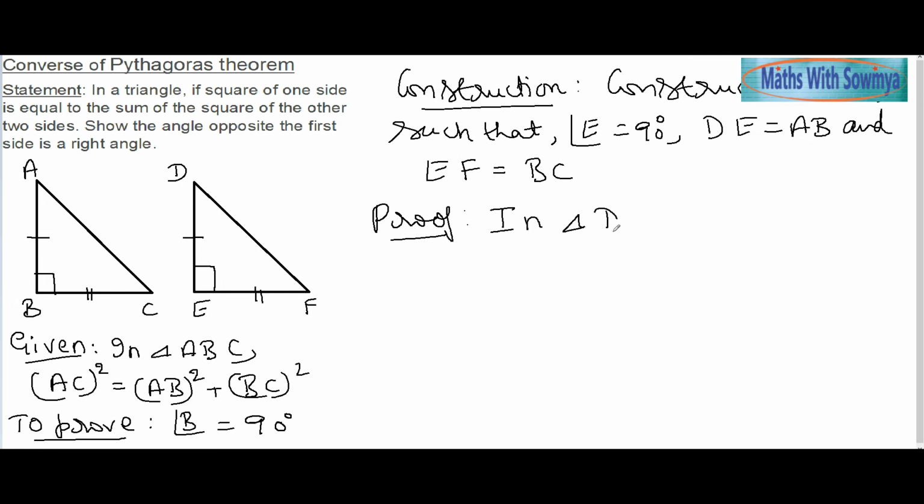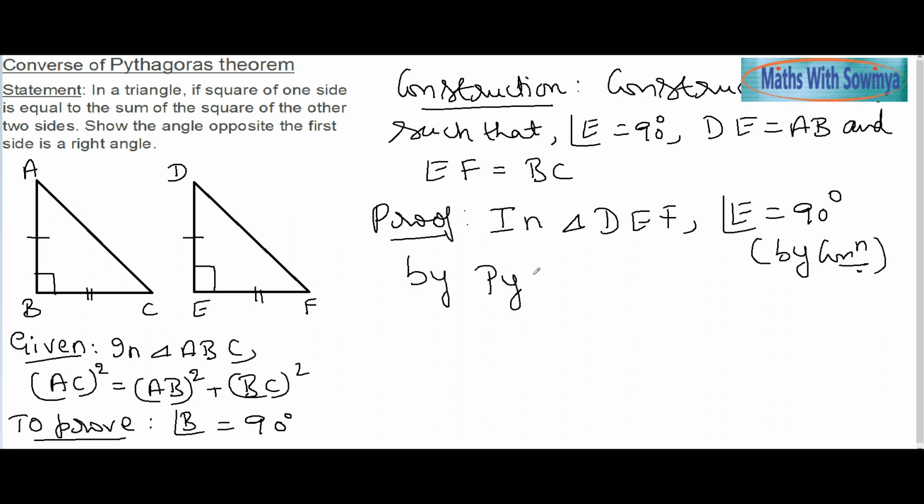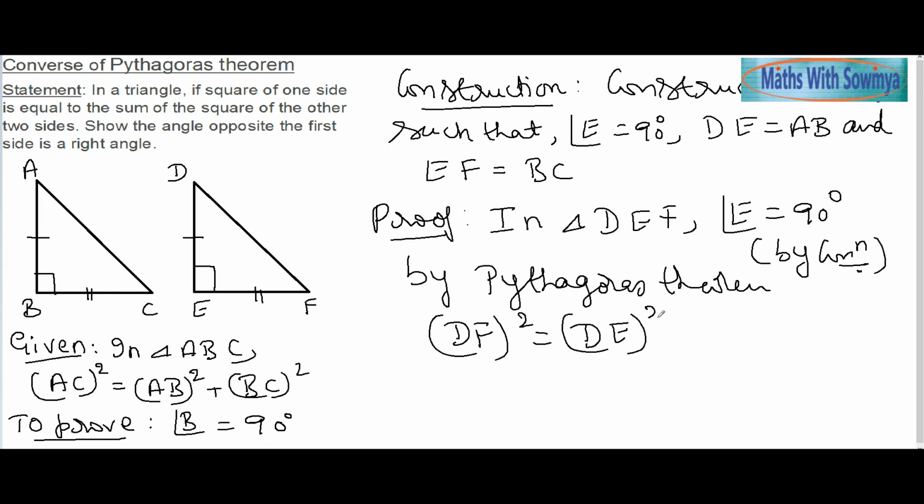In triangle DEF, angle E is 90 degree by construction. Therefore, by Pythagoras theorem, I can say here DF square is equal to DE square plus EF square. But by construction, DE and AB are equal, EF and BC are equal.